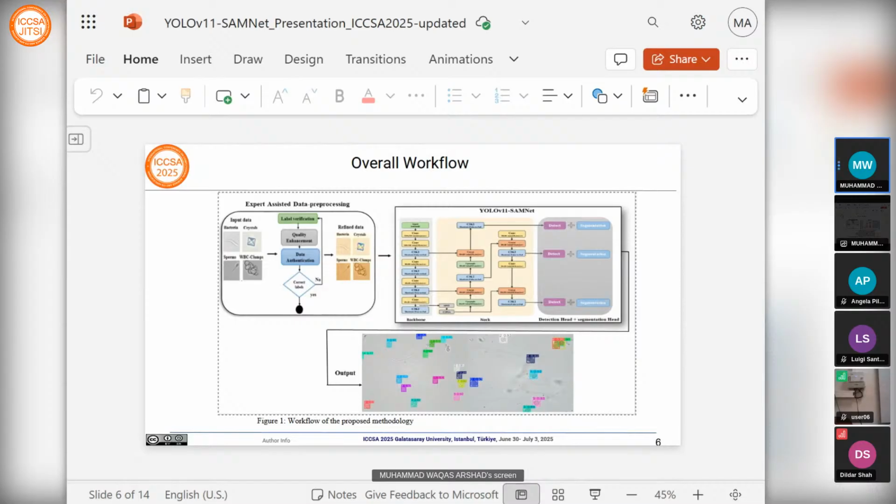This helps the model to detect. Then there is a dual process in the next stage for detection and segmentation. The heads process the features to simultaneously detect the particles and generate their segmentation masks, and produce the final output.